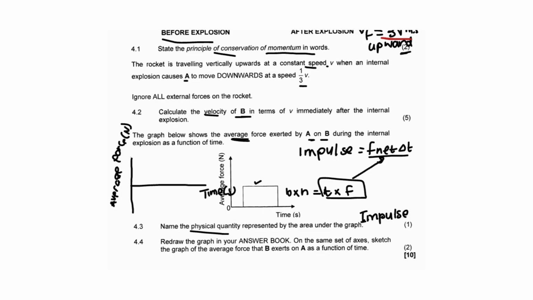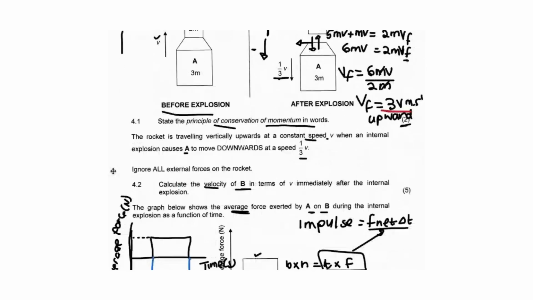Okay, that doesn't look so nice, but I tried. And the original graph that we had was this one, to say yes, the average force is somewhere there. But if we are now looking at the force that B exerts on A, it's going to be the same force, meaning same magnitude but opposite direction, meaning it's going to be the same graph. It's just going to be like a mirror of this one across the x-axis. So to say now the force is the same magnitude but opposite direction, then that is what they want from us. So this is it with question 4.